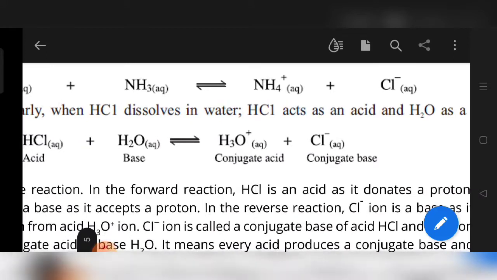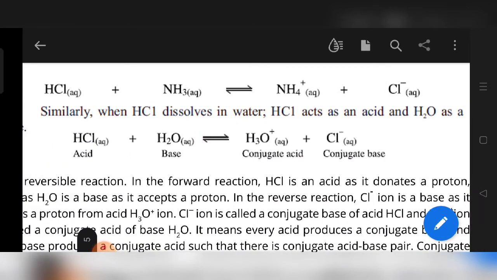So when water accepts a proton from the HCl, it will convert into a conjugate acid because it has an extra hydrogen ion, and it can now donate it and act as a proton donor because it has an extra proton.